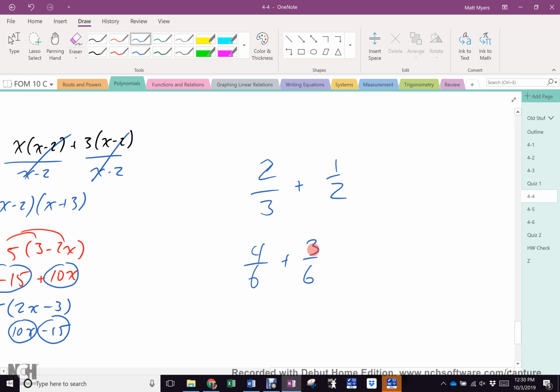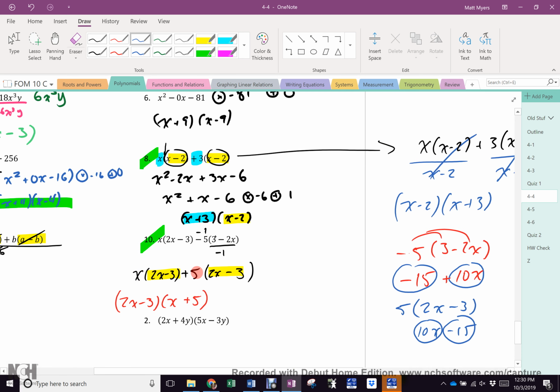Do those numbers look different? These numbers look different. Have their values changed? No. You already know you can do this in math. You just haven't had it connected to anything other than adding fractions. So we can change these values. We can change the looks and not change the values.